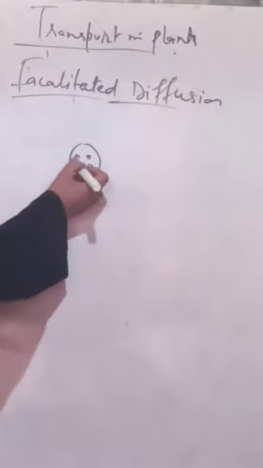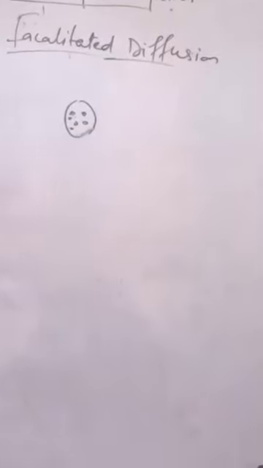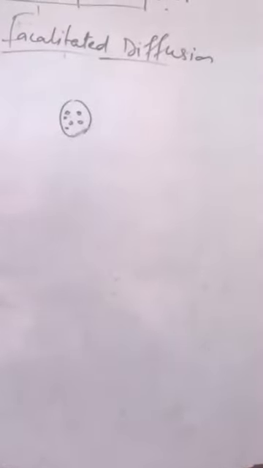And these molecules are not soluble in the membrane. It means that they cannot cross the membrane easily. So these are hydrophilic molecules. Hydrophilic, we know these are the water loving molecules, and these molecules find it very difficult to cross the membrane.